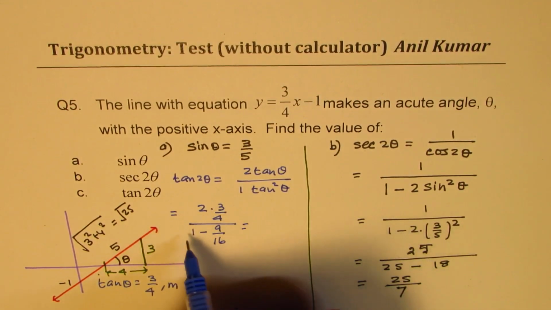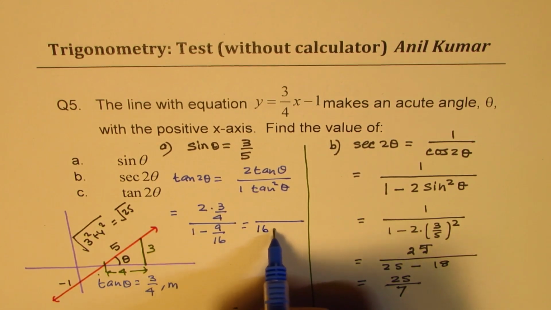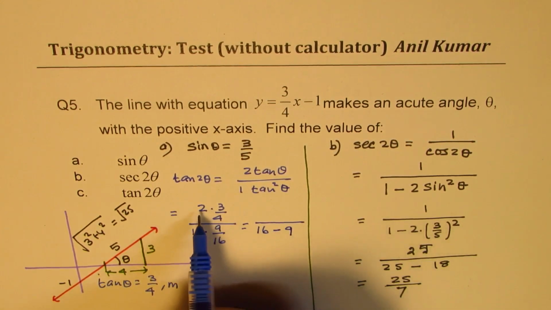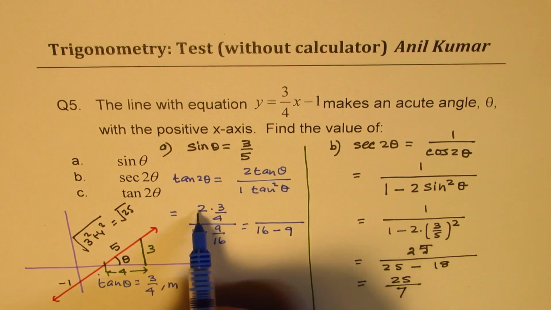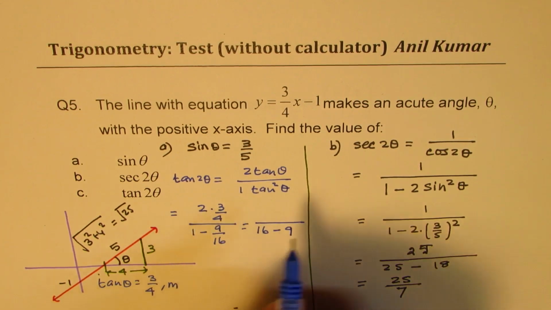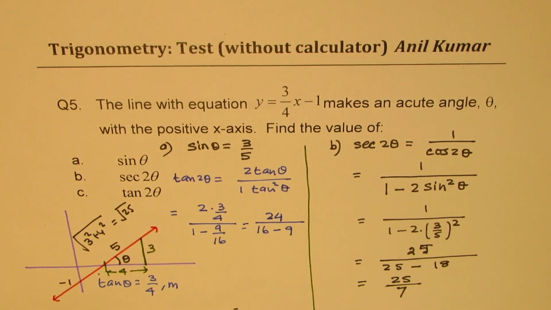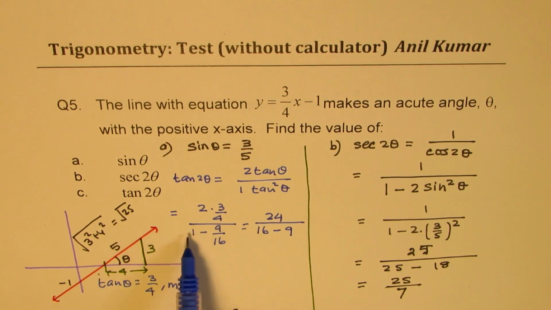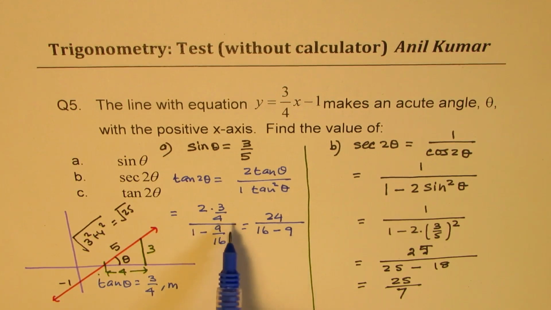Now, multiplying everything by 16, we get in the denominator 16 minus 9. And if I multiply the numerator by 16, then 16 and 4, we get 4 here. 4 times 2, 8. 8 times 3, 24. You get it, right? So what we did was, we just multiplied everything by 16. So 16 times 16 minus 9 comes in the denominator.